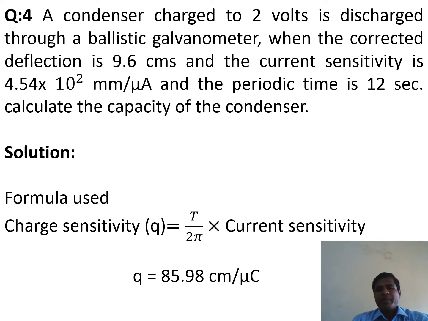Substituting the values of capital T, that is 12 seconds, and in current sensitivity, that is 4.54 into 10 to the power 2 millimeter per microampere in the charge sensitivity formula. After calculation, the charge sensitivity Q comes around, that is equal to 85.98 centimeter per microcoulomb.